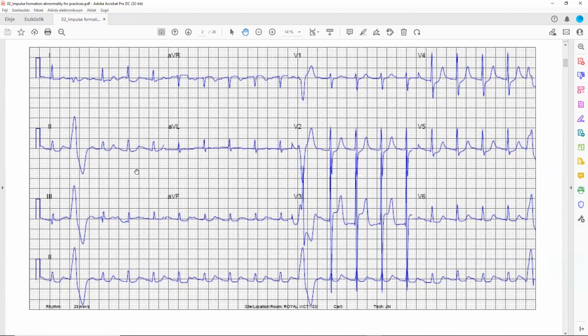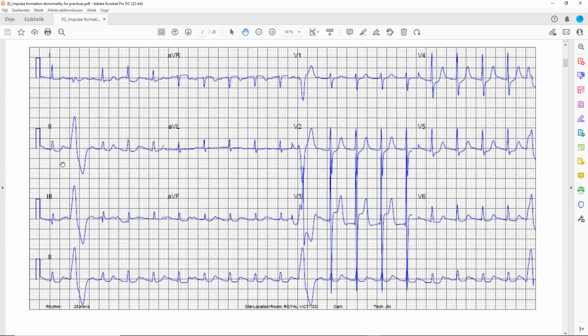Okay, so I would say that it's a sinus rhythm, but the sinus rhythm is interrupted by a wide QRS. And see why the QRS and the T are negative, inverted, meaning that the impulse is from the ventricle.